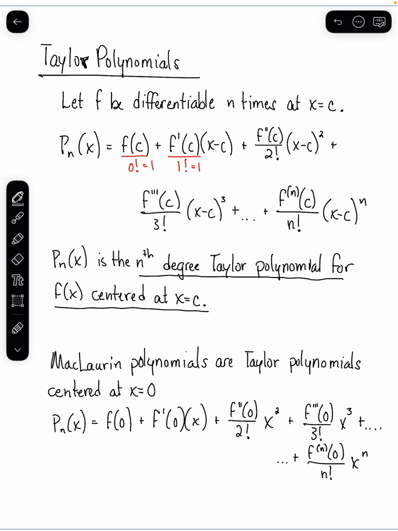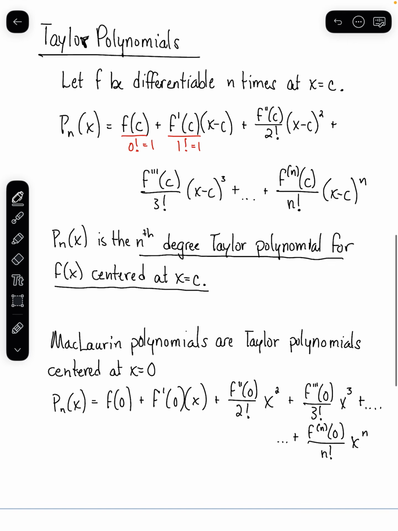So the real question is here, why on earth do we have to have the nth order derivatives over n factorial in the way that we do? Well, let's start with the assumption that this is true.